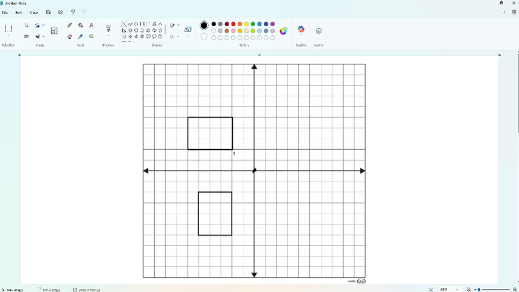Okay, let me draw a line. From this point to here, which is the new point, is 90 degrees.